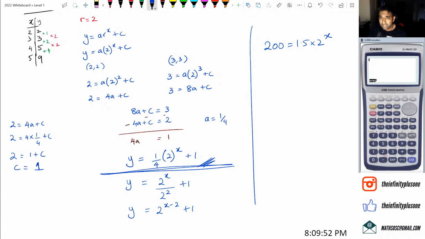Usually this question is in level 2, but if for some reason you get asked that, you can go into equation and click on solver, which is F3, and just write the equation down. So you just put 200 equals 1.5 times 2 to the power of x.